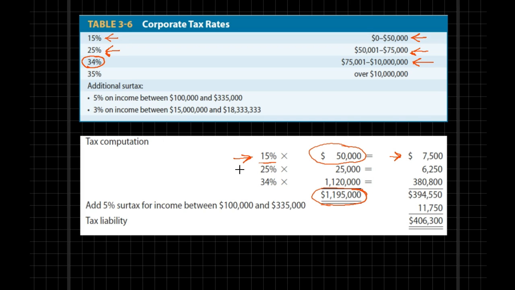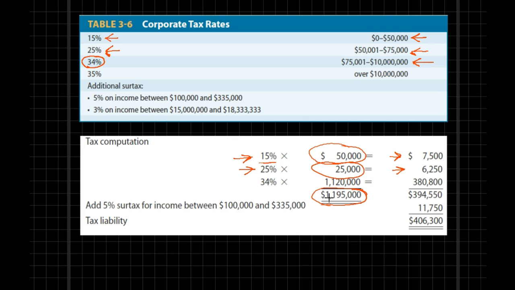And I multiply, and it's reflected in this line here. At 25%, we will be taxed for our next $25,000 of our income, and as a result, the tax liability of that portion of our income is $6,250.